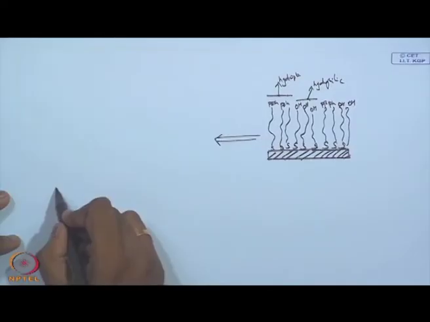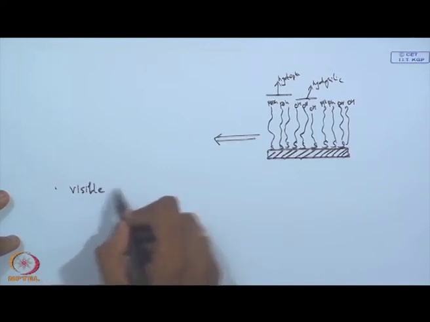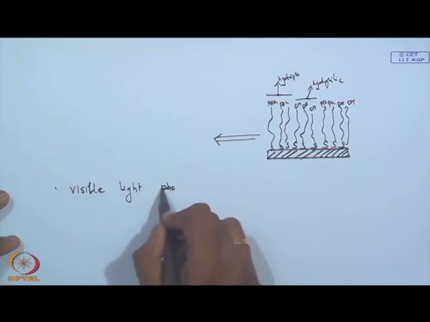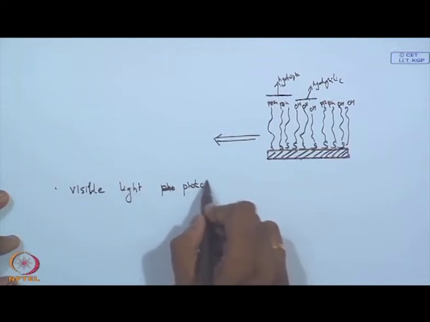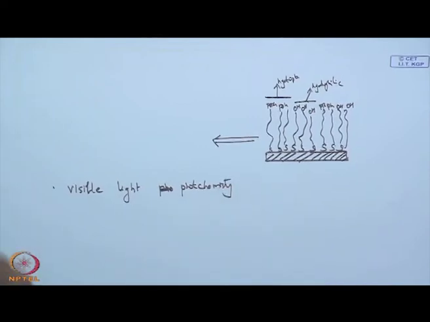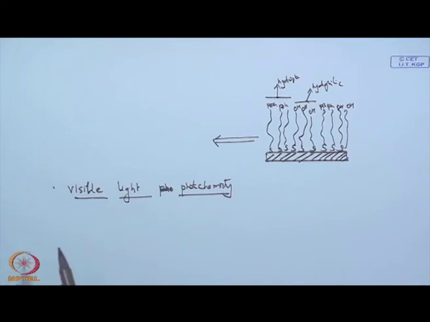Another new area which has been started is visible light photochemistry, using just visible light. Okay, just your ordinary light, people have started doing chemistry using ruthenium complexes.